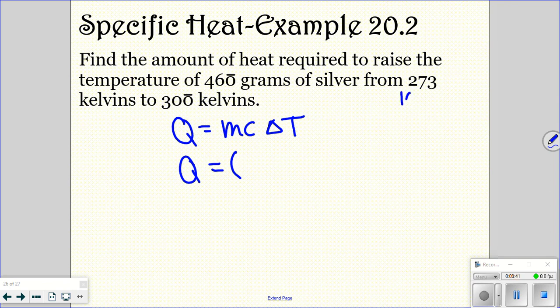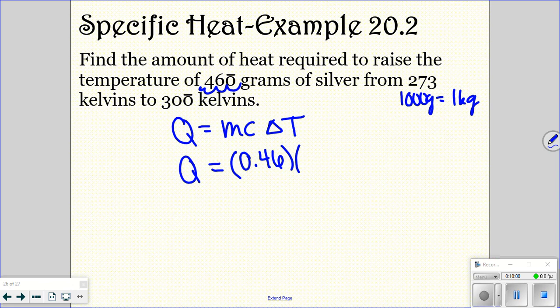So 1,000 grams is 1 kilogram. So I'm just going to move the decimal place 3 places. So I'll have 0.46.